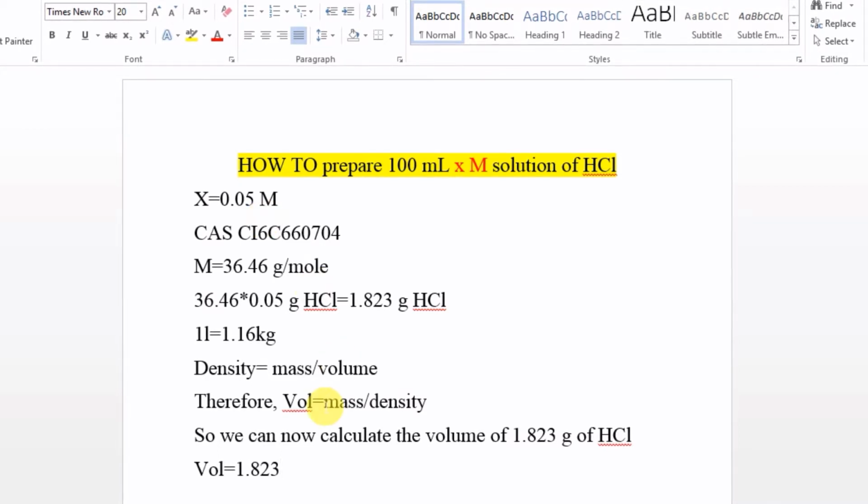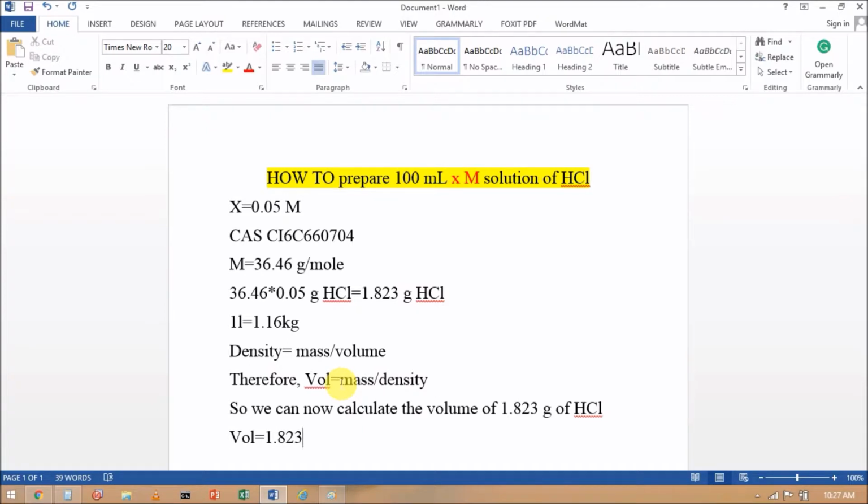I will literally put 1.16 here. 1.823 gram divided by 1.16 kilogram, which is 1160 gram, divided by 1000 ml.